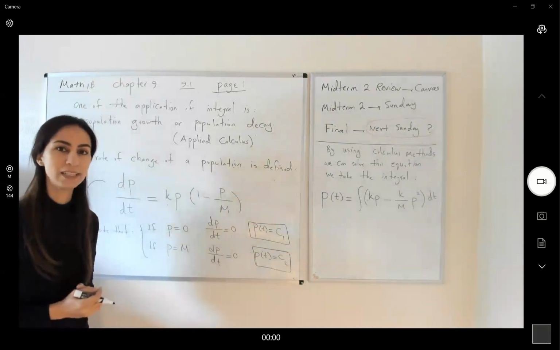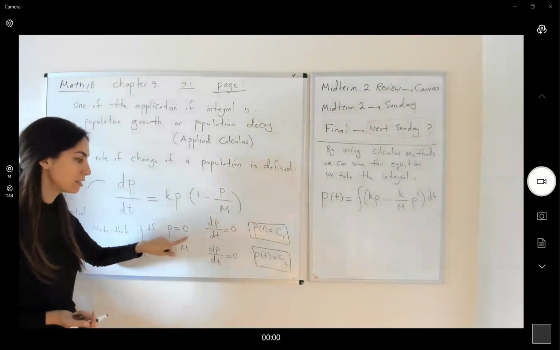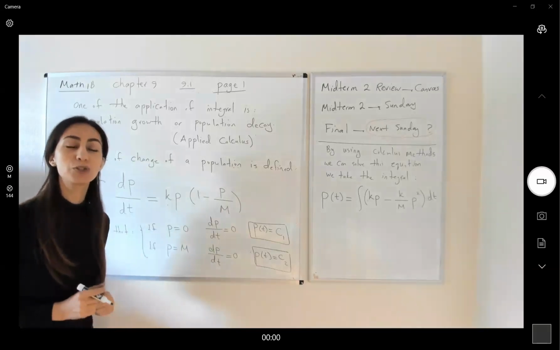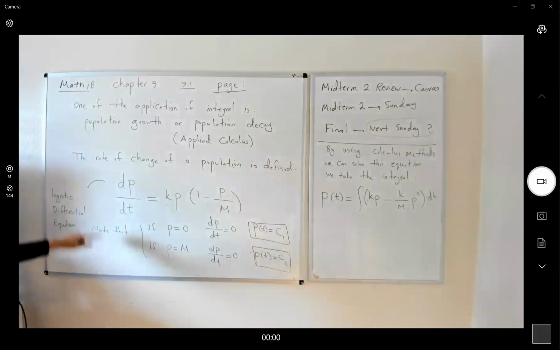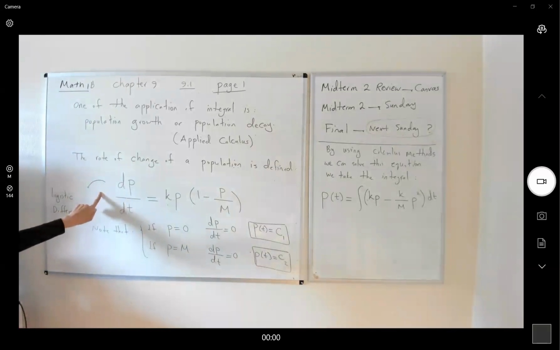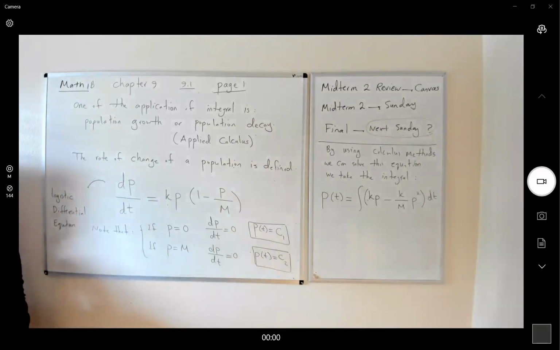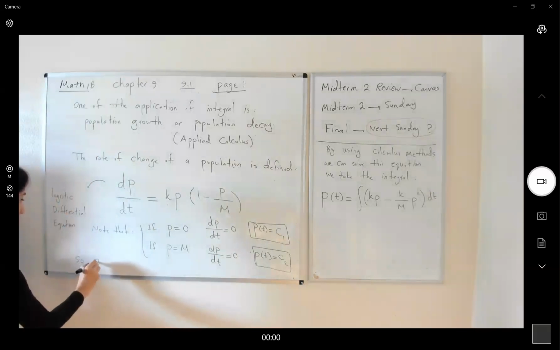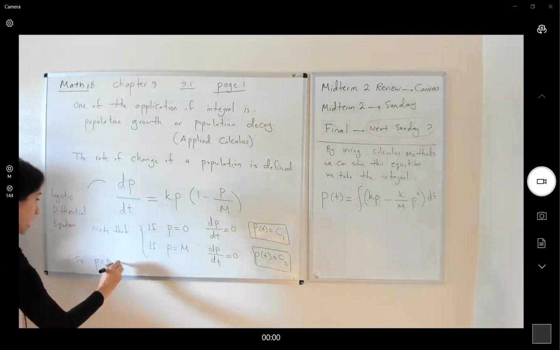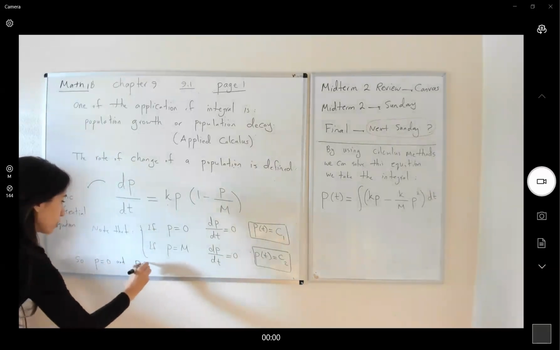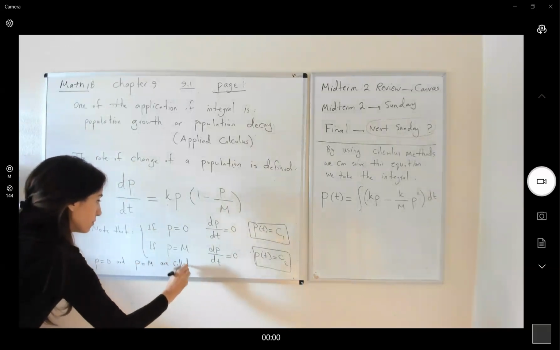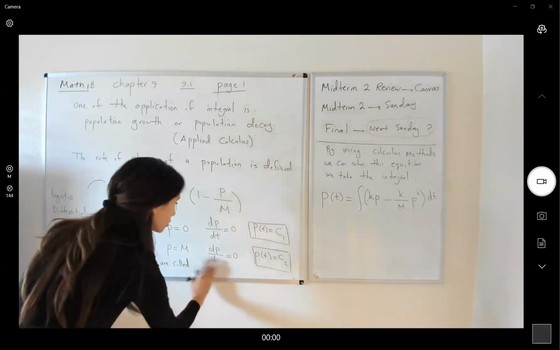In these two cases, we say that P equals 0 and P equals M are called equilibrium solutions of the logistic differential equation.